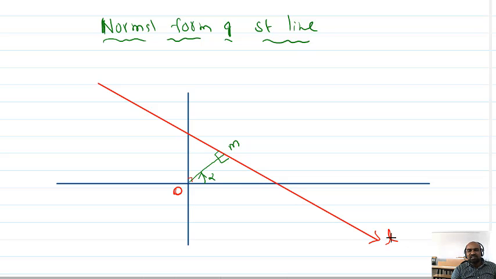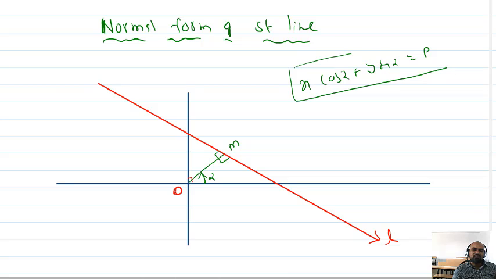Then the equation of L is given by x cos alpha plus y sin alpha equal to p. This is called the normal form of a straight line. x cos alpha plus y sin alpha equal to p is the equation of L.